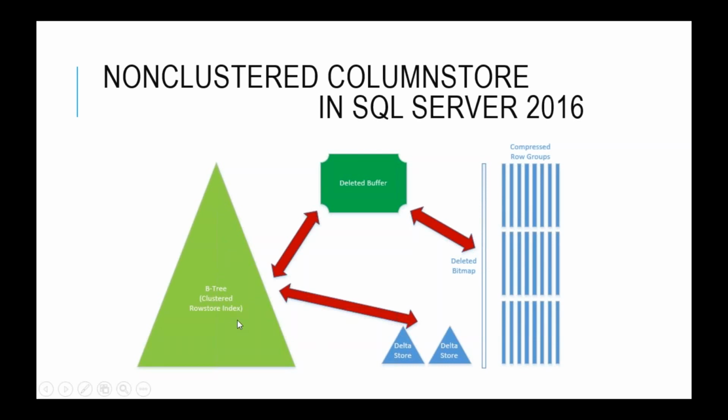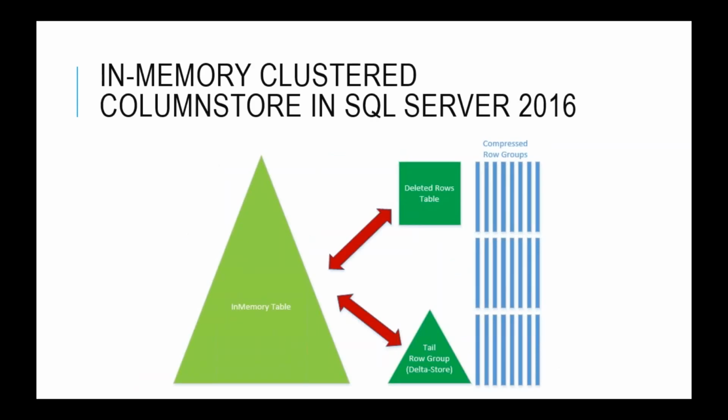We have here the B-tree, the traditional disk-based index, and we have a new structure, the deleted buffer. This is for the updatable non-clustered columnstore. For clustered columnstore, we have a different structure for different purposes. And for in-memory tables, we have another different structure, which does a similar thing, but it stores a different type of information. There is no deleted bitmap. You need to study this stuff in order to understand it better.